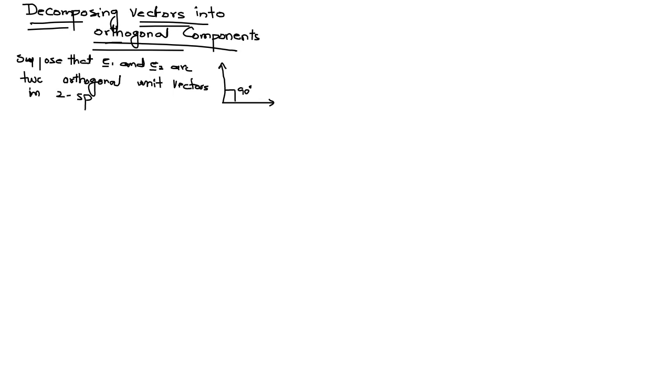Orthogonal unit vectors means that they have 90 degrees between them and their magnitude is equal to 1. Unit vector means its magnitude is equal to 1, and orthogonal means they have 90 degrees.